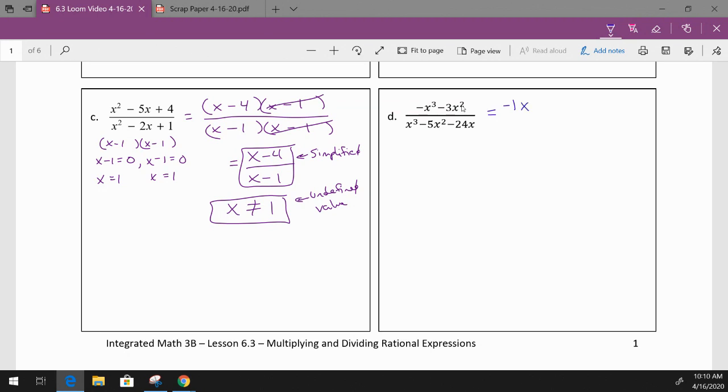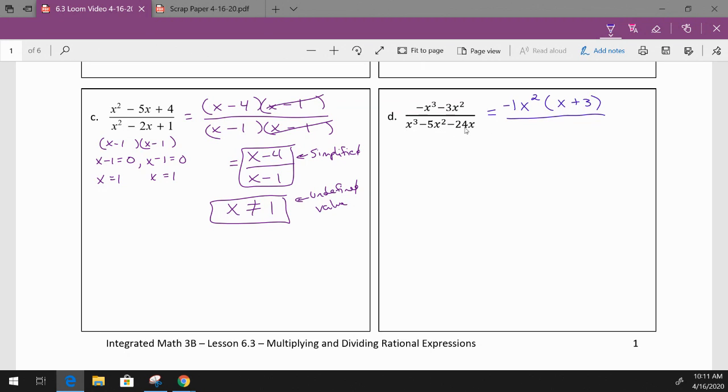So we're going to factor out an x squared only. So now if I divide that first term by -1x squared, I would have an x left over. If I divided the second term by -1x squared, I would have a +3. So again, looking at just the numerator, we factored out a -1x squared from both terms, and we had x plus 3 left in the parentheses.